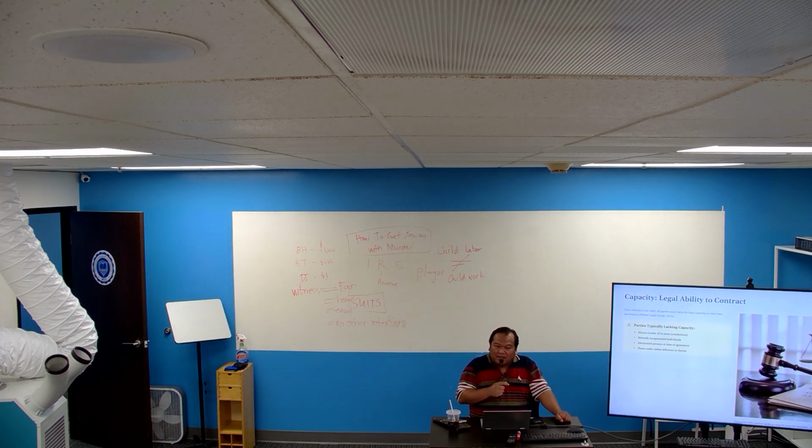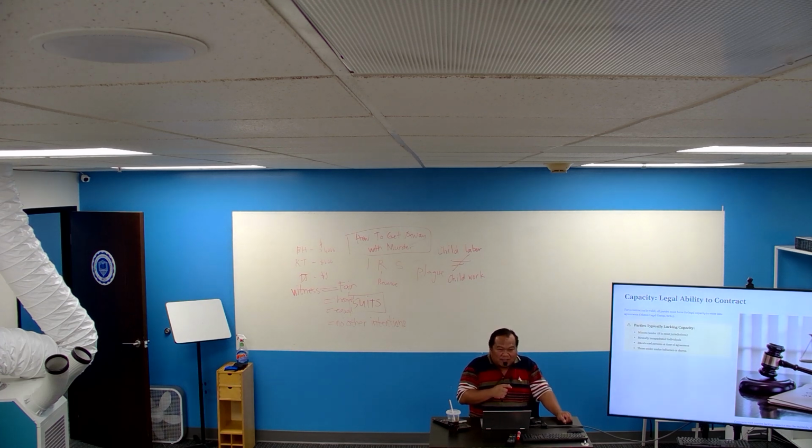Okay? Because again, a contract has to be signed by someone who understood perfectly what is written in the contract. If someone who has a mental disorder or a mental issue will sign a contract, the contract will become void. Intoxicated persons at the time of agreement, that is also wrong.